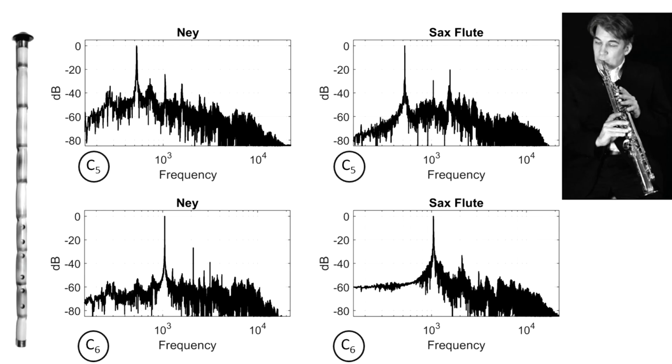And so here we compare the two notes C5 and C6, because you can't get the C4 on the saxophone rim flute. And you see, even though they have very different bodies, the ney being cylindrical, this rim saxophone flute being conical, they still have fairly similar overtone structures, because, as is typical for flutes, you don't have many higher harmonics.